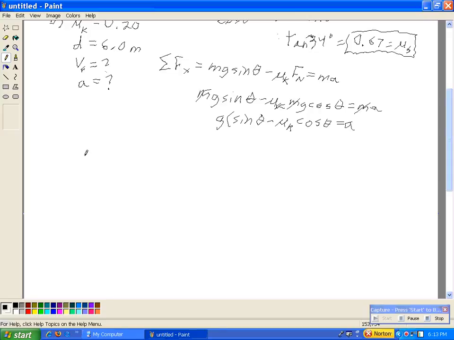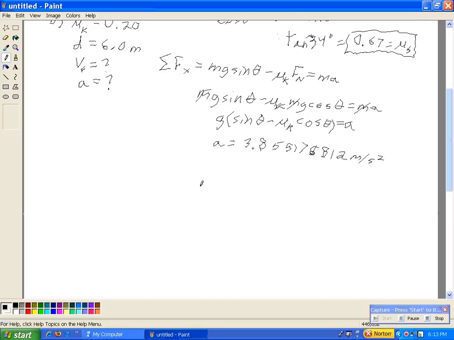Now that we have acceleration, or a formula for the acceleration, if you plug in the numbers, you'll find that a equals 3.8 meters per second squared.